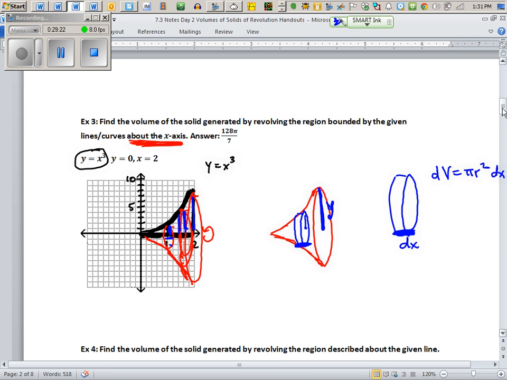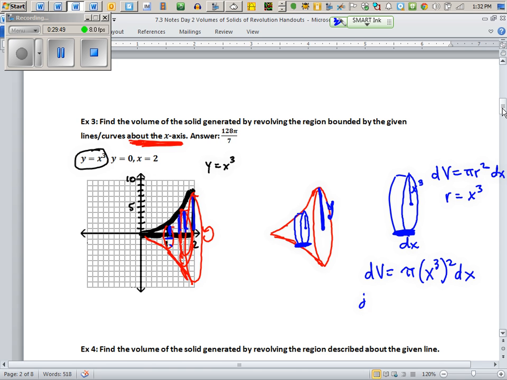So if you draw a couple radii, you realize, hey, wait a minute, this is just y equals x cubed is the length of each radius. So that's going to make a really simple integral. I'm just going to replace r with x cubed, see? So my dV is just going to be pi r squared dx.